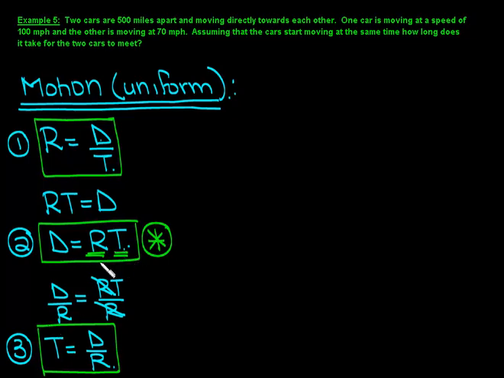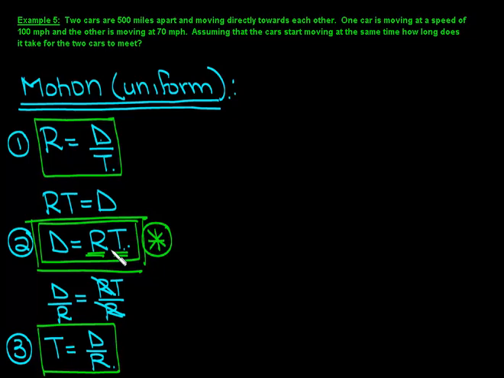But sometimes in a problem it might be beneficial to use one of the other formulas, so you just have to adapt. The majority of the time you will end up using this one, where distance is equal to rate times time. Rate is how fast you're traveling times the time you've been traveling.